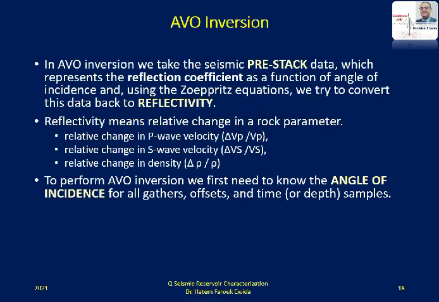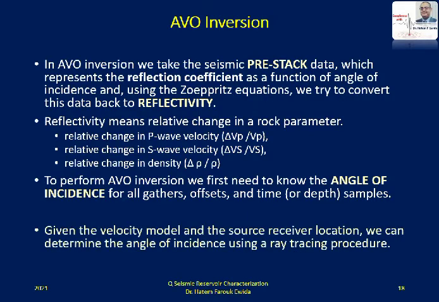As I just showed you in the previous slide, I can take the near offsets, which are related to the near angles of incidence, and the far offsets, which are more or less related to the far angles of incidence. And then if I have a good velocity model from the source to the receiver location, I can understand how the ray reflected back from the subsurface.